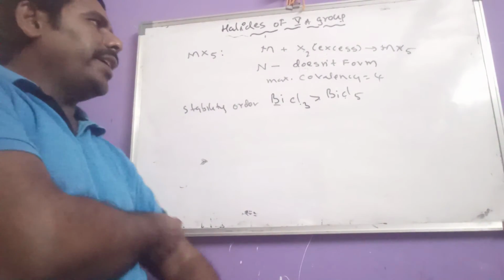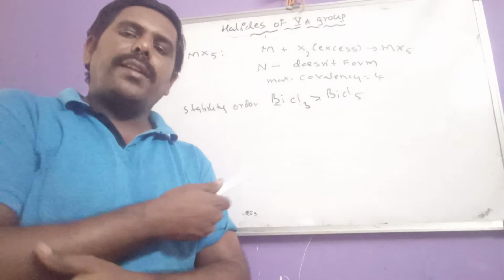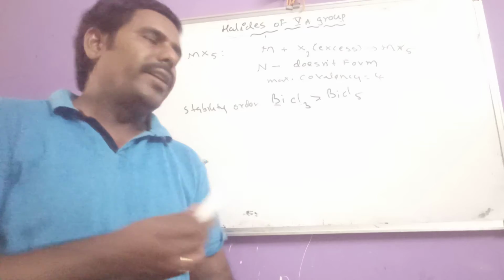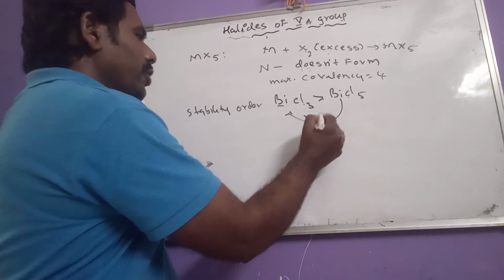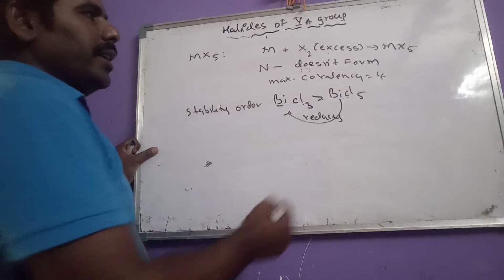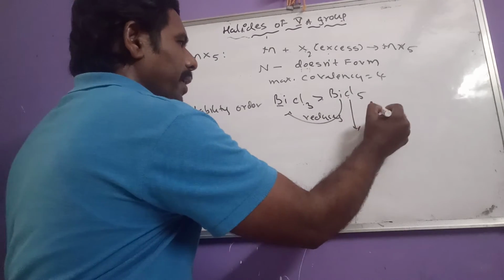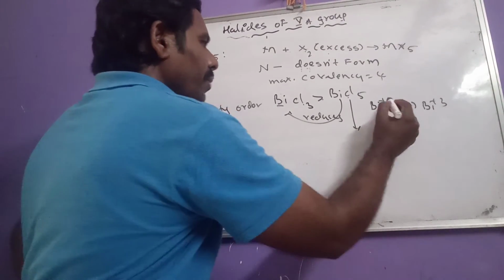So BiCl5 always tries to reduce to Bi+3. So BiCl5 readily reduces to BiCl3, meaning Bi+5 converts into Bi+3.